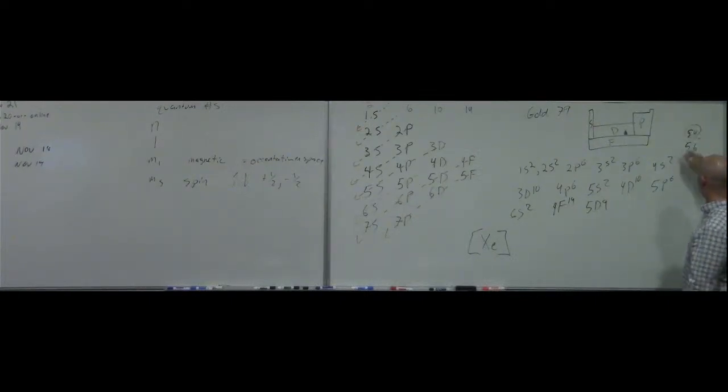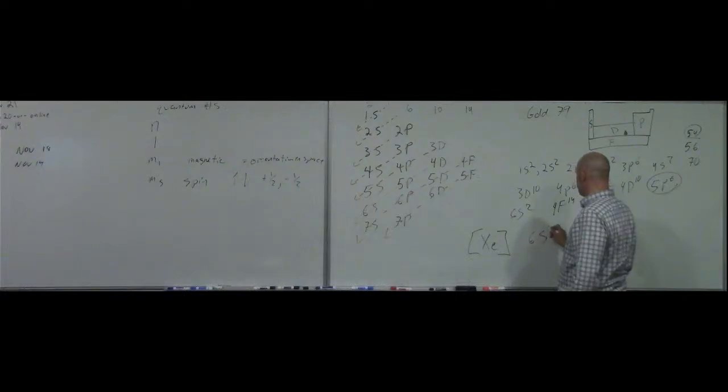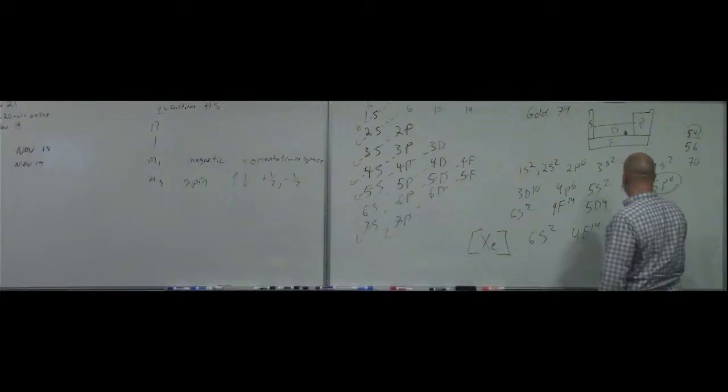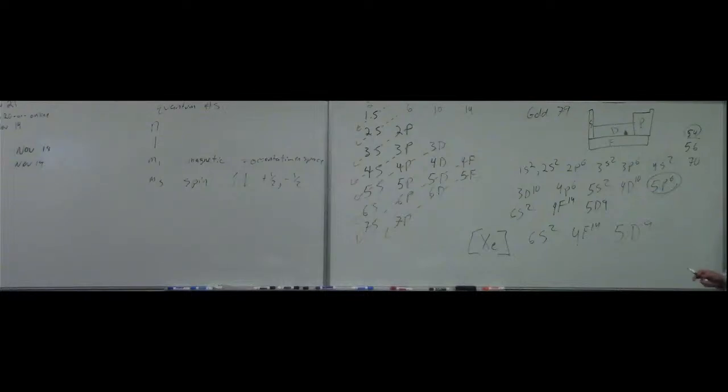So it was right here, right? Okay, good. So I can write xenon 6s2, 4f14, 5d9. Good. Okay, life's good.